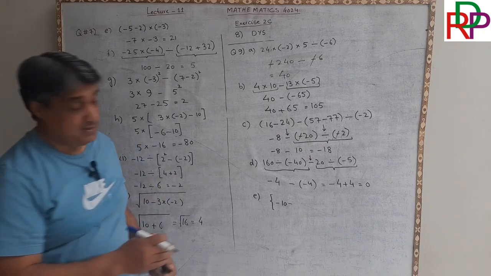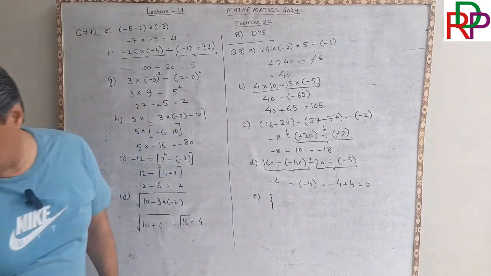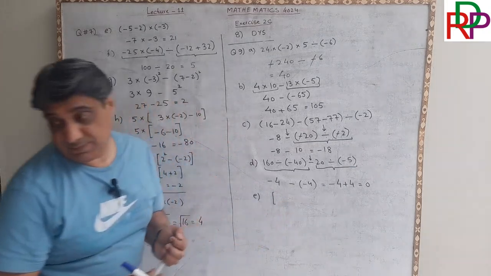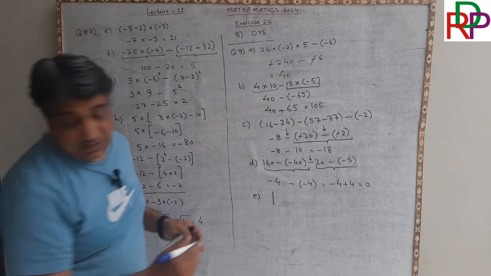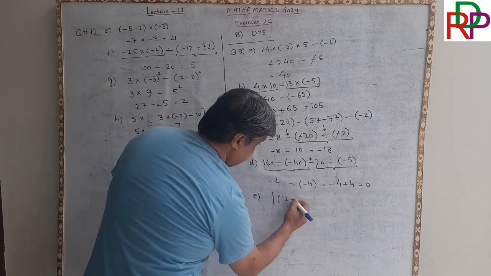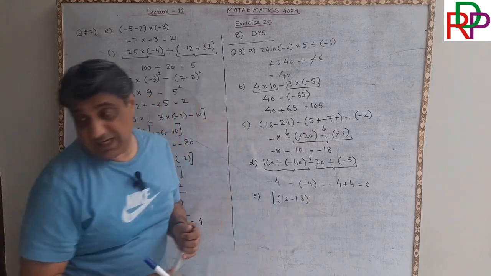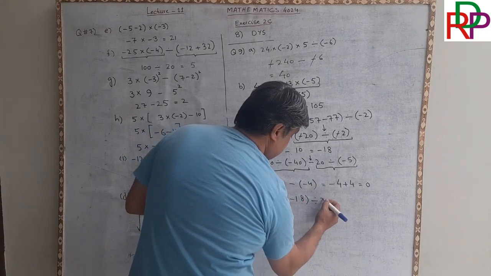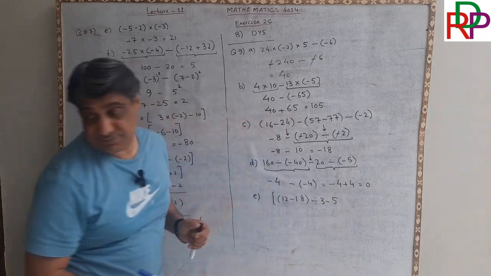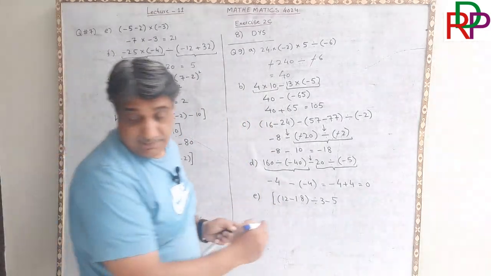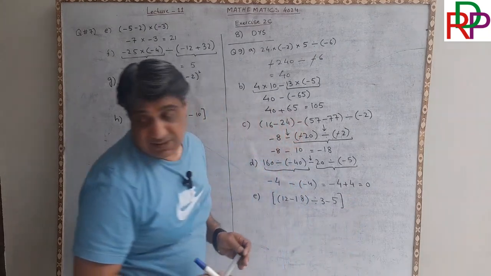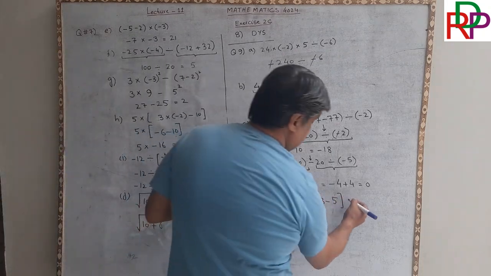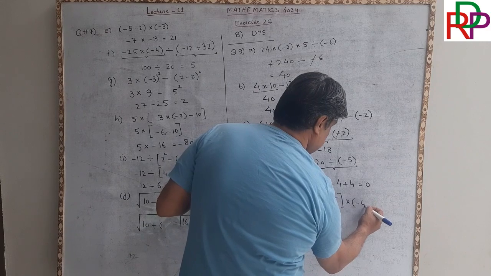This is question number E. So here it is, I was writing part number F. There is 12 minus 18 and then we have divided by 3 minus 5, and then braces close, and then we have multiplied by minus 4.